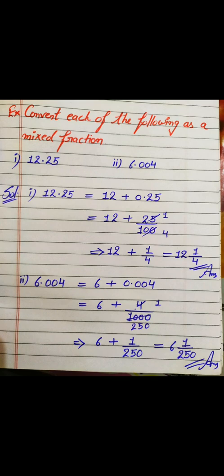So it will be 6 plus 4 upon 1000, as there are three decimal places in 0.004, so we put three zeros. As we can see, 4 and 1000 are both divisible by 4: 4 ones are 4, and 4 twos are 8, and 4 fives are 20, and then there is 0. So after simplification you will get 6 plus 1 upon 250, which can be written as 6 whole 1 upon 250, which is a mixed fraction.